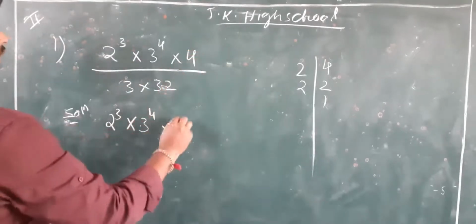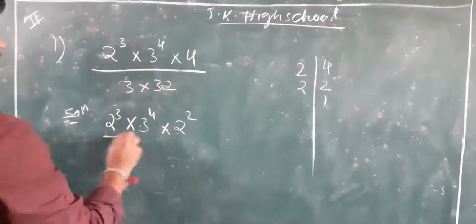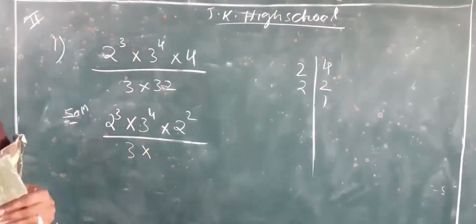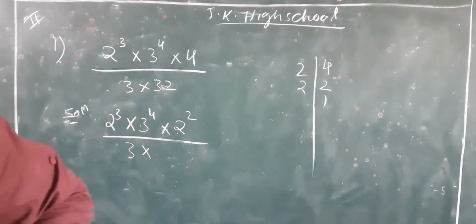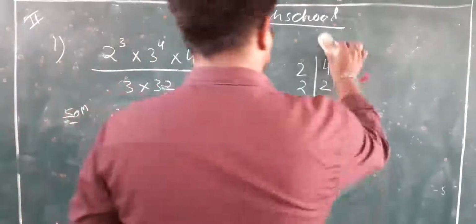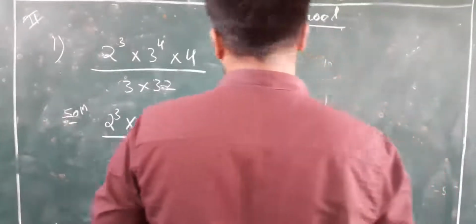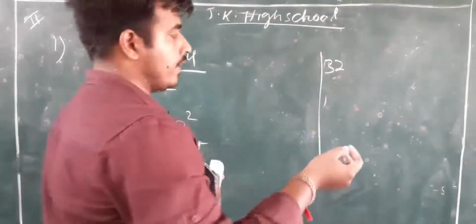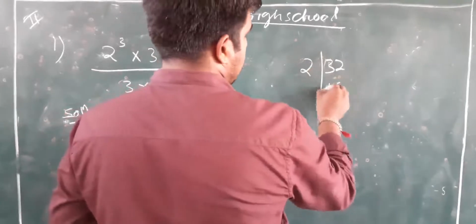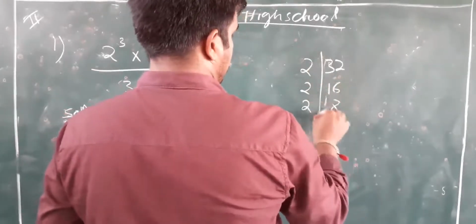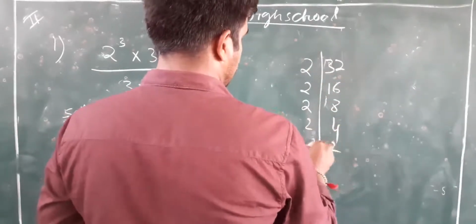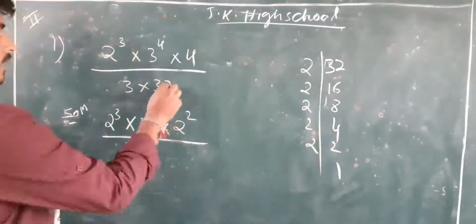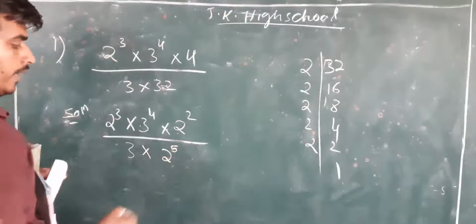Next, this 3 as it is. 32: once again you have to convert 32 into exponential form. Start doing a prime factorization. 2 16s are, 2 8s are, 2 4s are, 2 2s are, 2 1s are. 1 2 3 4 5. So I will write 32 as 2 raised to 5.